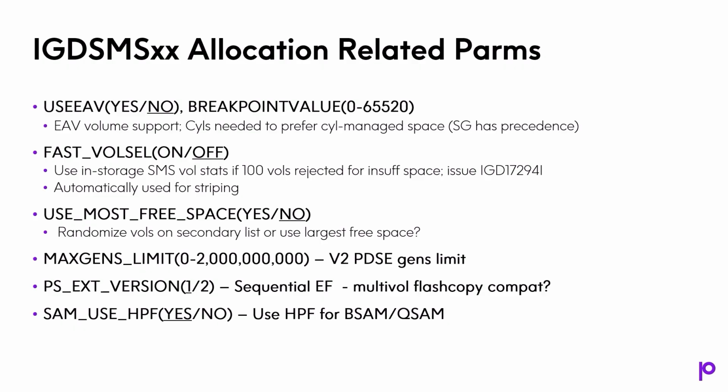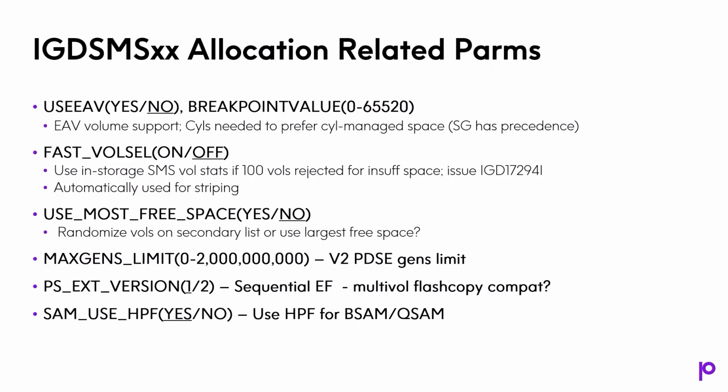So if more than 100, turning fast volume selection on says, if I've looked at more than 100 volumes and all of them were rejected for insufficient space, that is, I couldn't allocate to that volume without going over the limit, then I won't bother actually going to the VTOC and looking at the volumes. I'll use the in-storage SMS volume statistics.